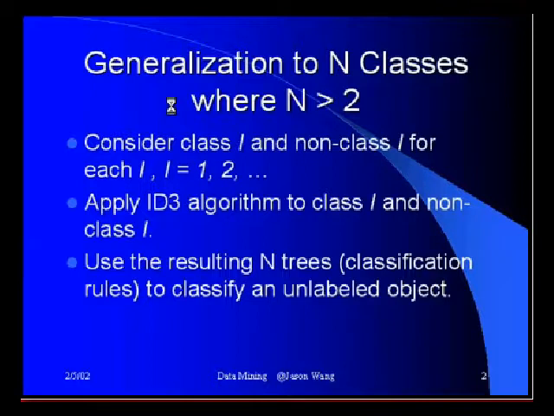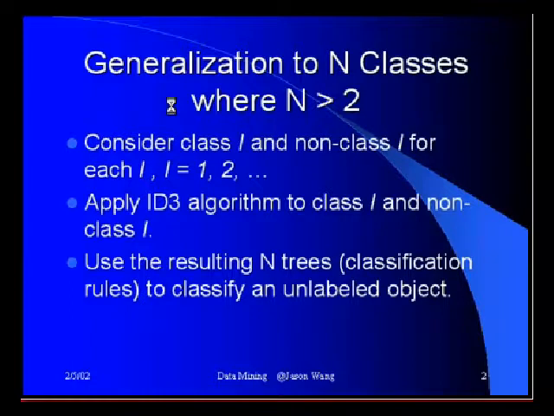So once again, in your training database, you are able to put the objects either in class 1 or non-class 1, and then this becomes a binary classification problem. Now you can once again apply the ID3 algorithm to build a decision tree using this training database, using the formulas we have learned in the previous lecture.